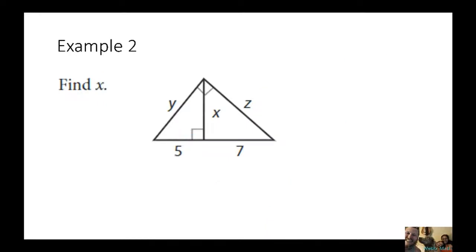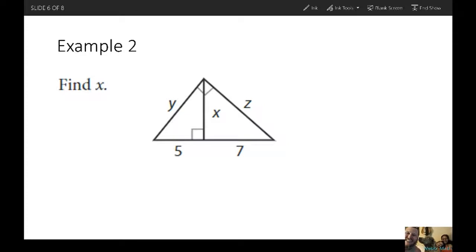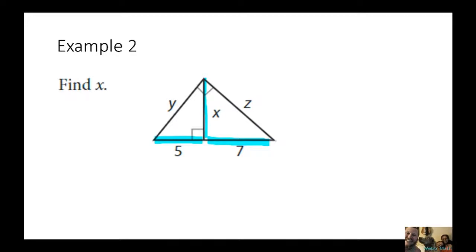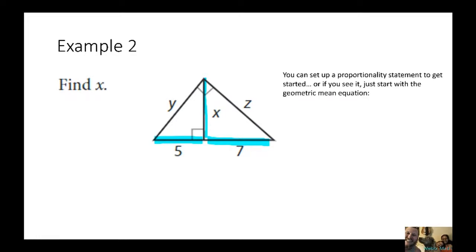Example 2, find x. Okay, so first things first, you have to see it this way. You have x, and x is going to be the geometric mean of 5 and 7. So go ahead, find the geometric mean. Okay, so if you know the proportionality statement, you could do that, and this is how the book does it.